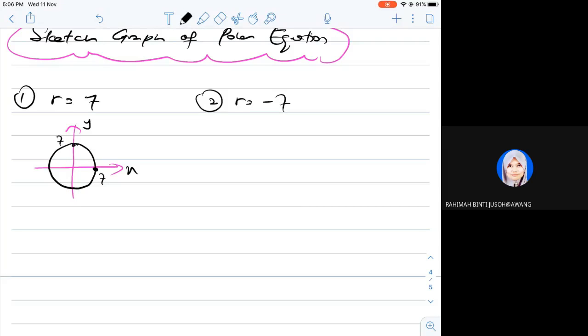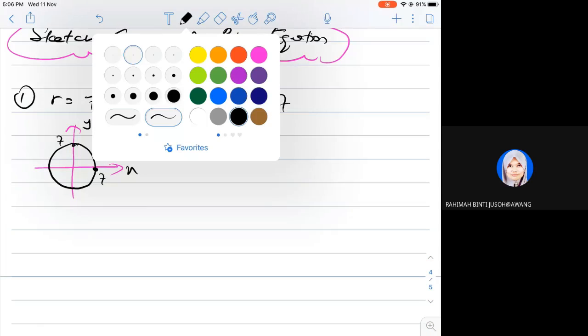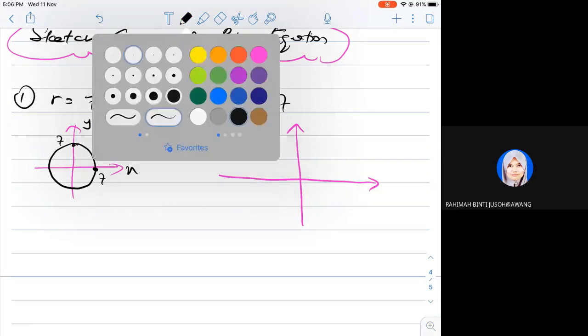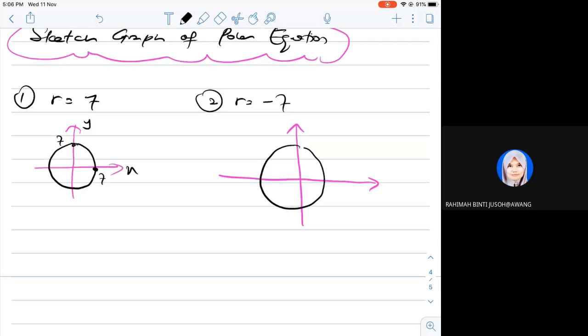Guys, r equals negative 7 is also a circle. I will explain why. Let's make the graph first, then I will explain one by one why we also get a circle. This is 7, 7, negative 7, negative 7.